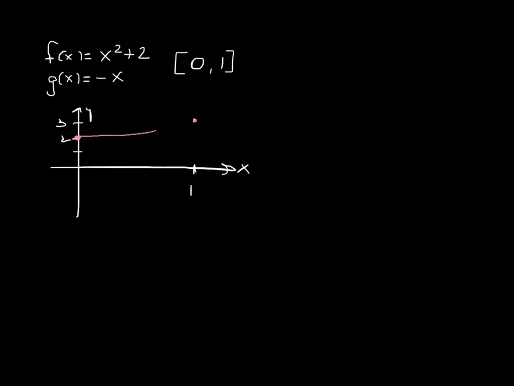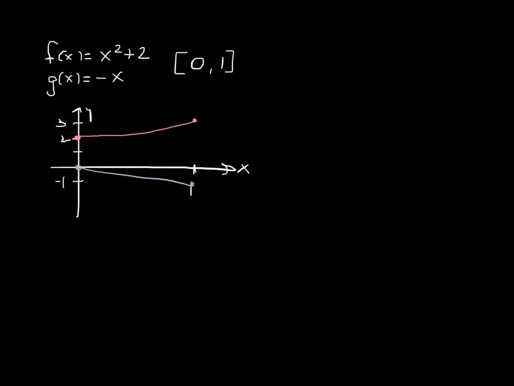So we're just looking at this quadratic function from 0 to 1, that's what it looks like. And then g of x is equal to negative x. So g of 0 is 0, but then g of 1 is equal to negative 1. And that's linear.